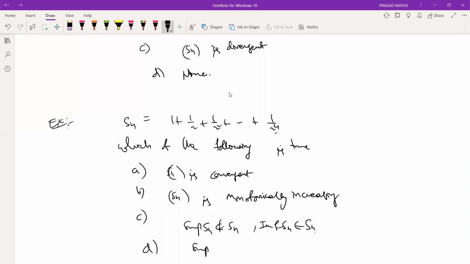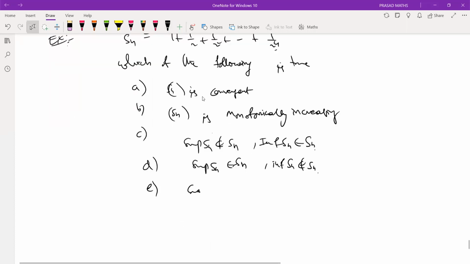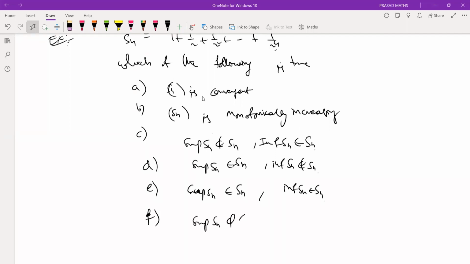D: The supremum of Sn belongs to Sn, and the infimum of the set does not belong to Sn. E: Supremum of Sn belongs to Sn, and infimum of Sn belongs to Sn. F: Supremum of Sn does not belong to Sn, infimum of Sn does not belong to Sn. So this is an interesting question. Do it.